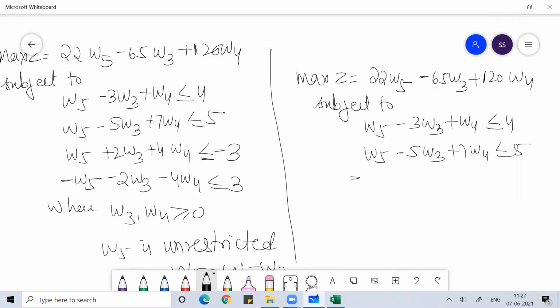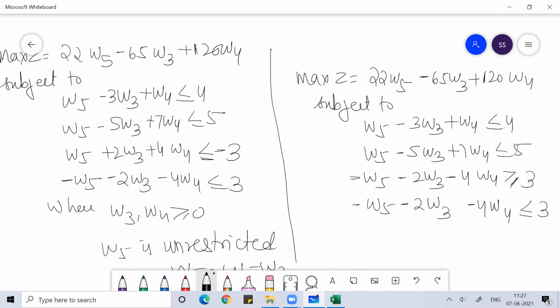This I can write as minus W5 minus 2W3 minus 4W4 is less than or equal to 3, where same thing, W3, W4 are greater than 0 and W5 is unrestricted.